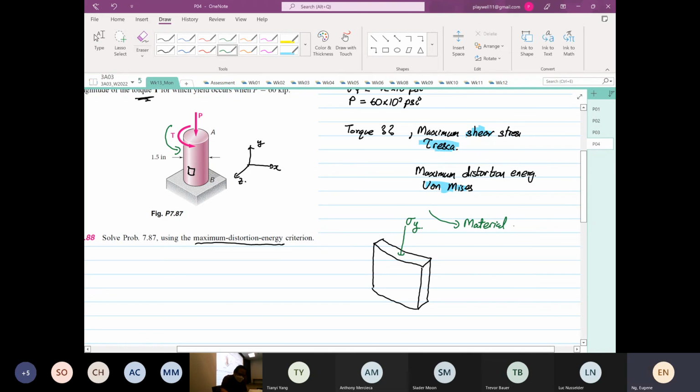Material movement due to torque. So we know that the shear will be acting in this direction. And for the rest of the stress field, normal stress X is equal to 0, normal stress Y is equal to 0.